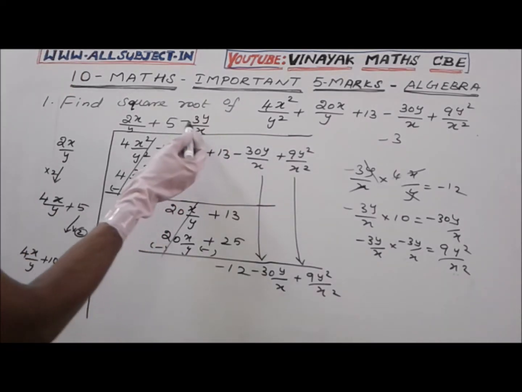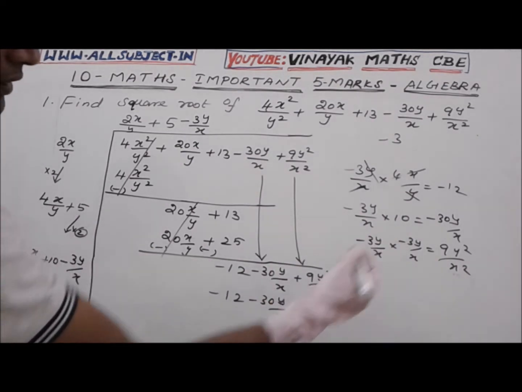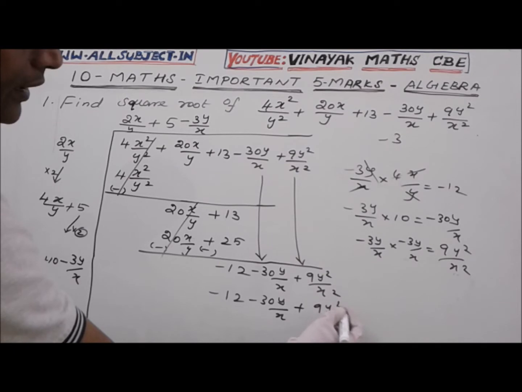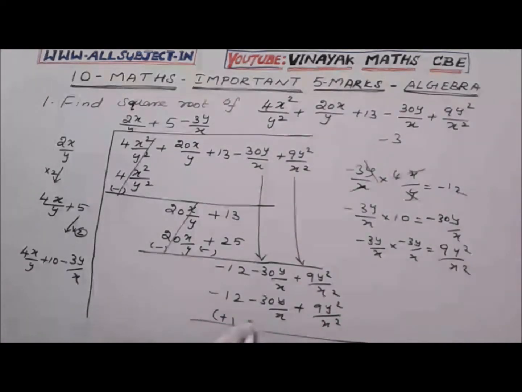When we multiply by minus 3y by x, these three terms will give the same terms here. So for the first one minus 12, for the second one minus 30y by x, for the third one 9y square by x square. Now subtracting, changing its sign, totally equal to 0.